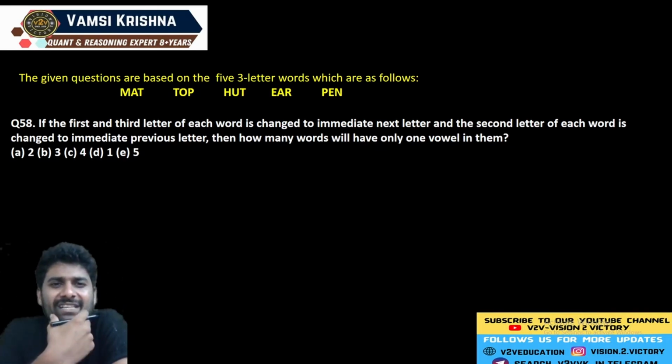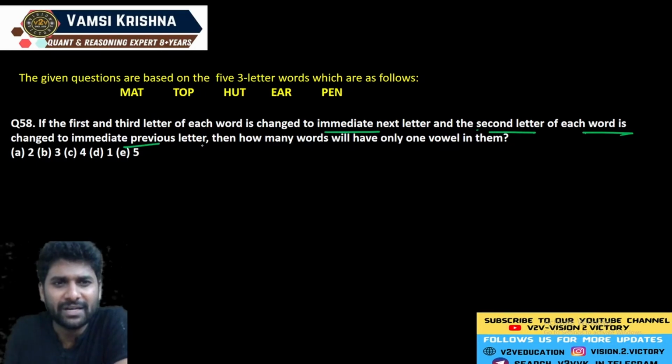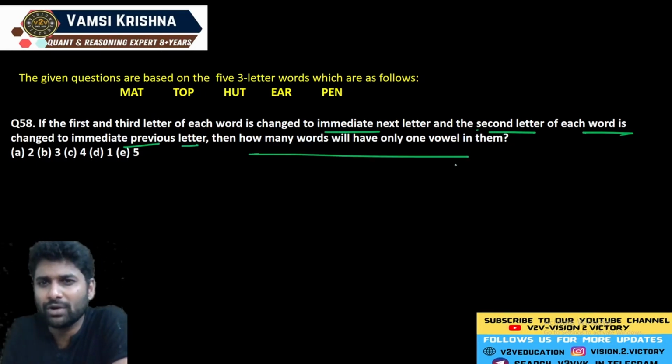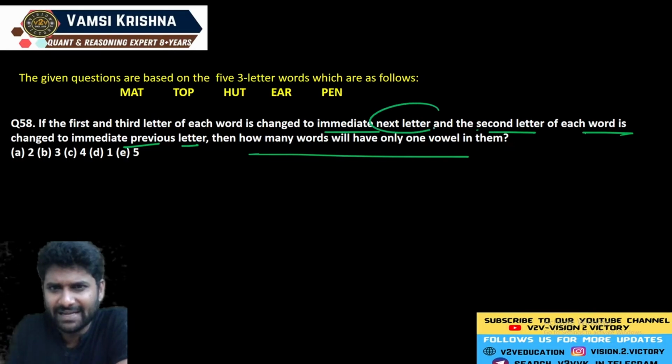Now if the first and third letters of each word are changed to the immediate next letter and the second letter of each word is changed to the immediate previous letter, then how many words will have only one vowel in them? And see, first and third, immediate next letter.